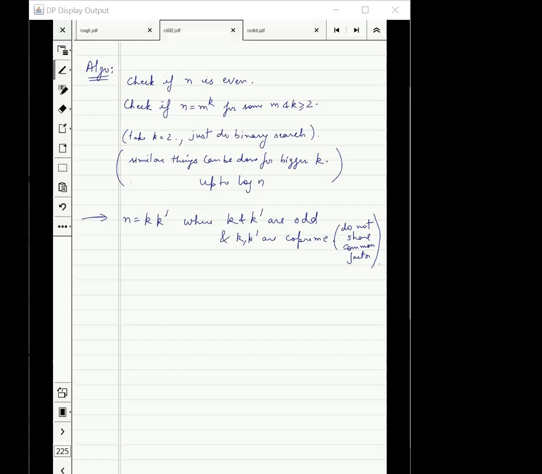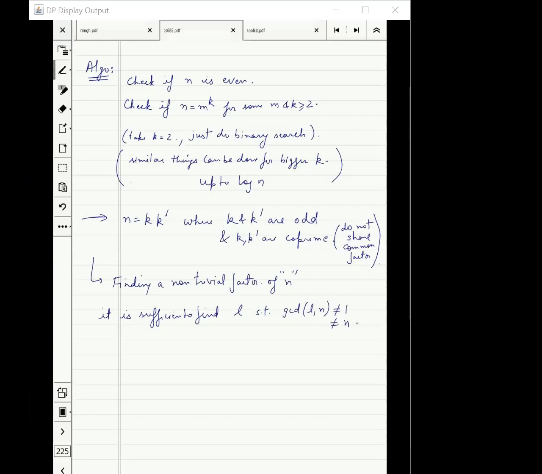Instead of finding a non-trivial factor of n, it is sufficient to find some number L such that GCD of L comma n is not equal to 1 and not equal to n.